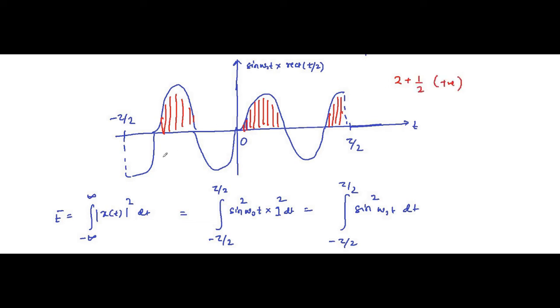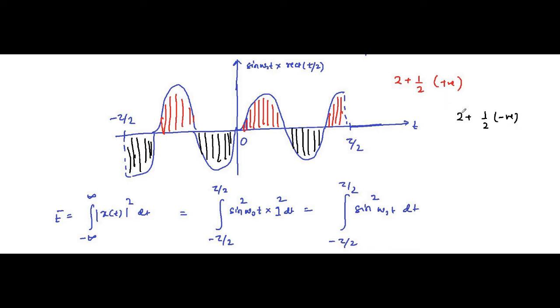Then the negative half cycles have the same magnitude but in the opposite direction: 2 complete negative half cycles and half of a negative half cycle, the same 2 plus 1 by 2 on the negative side.